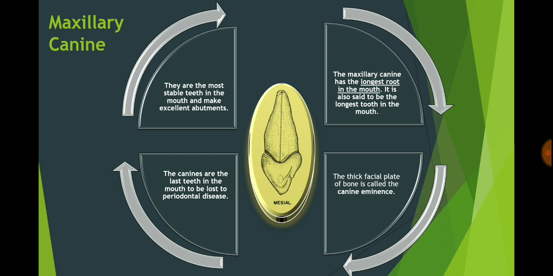Let me investigate further, because usually you don't easily lose these teeth. They're the most stable teeth in the mouth, and they make excellent abutments. That's why you can see somebody with extraction of all other teeth except the canines, because those make very good abutments for partial dentures.